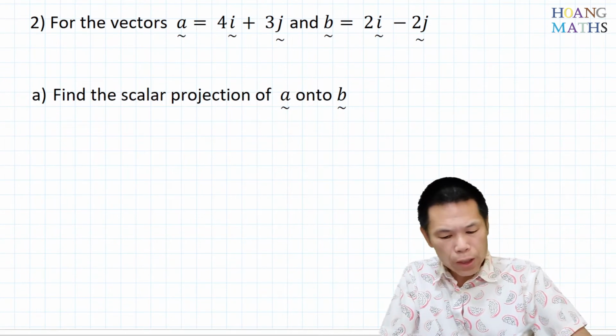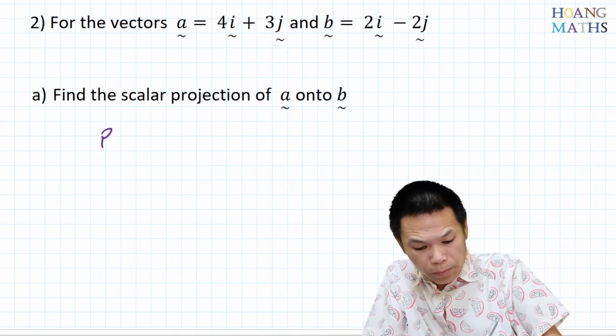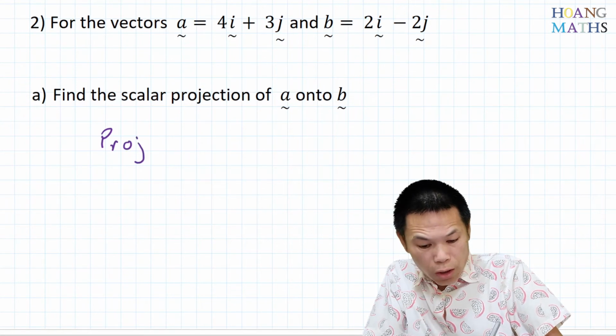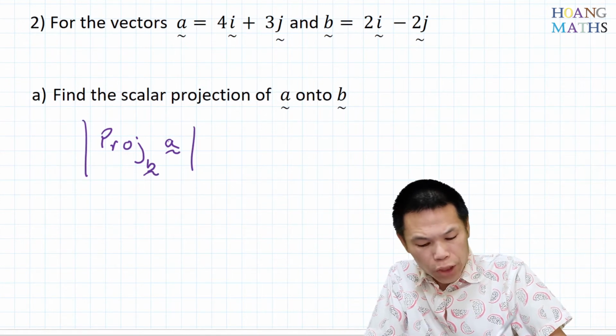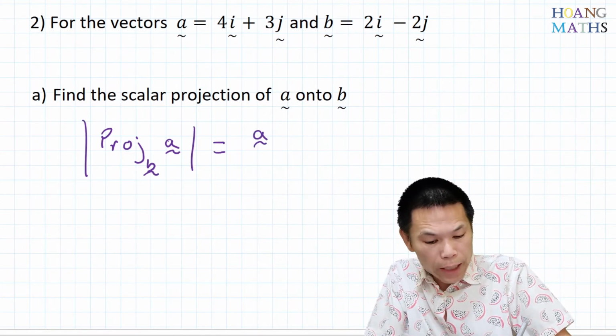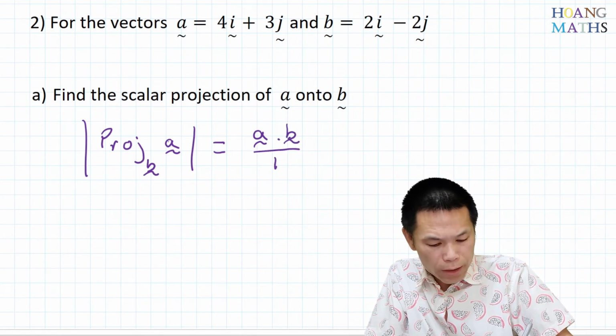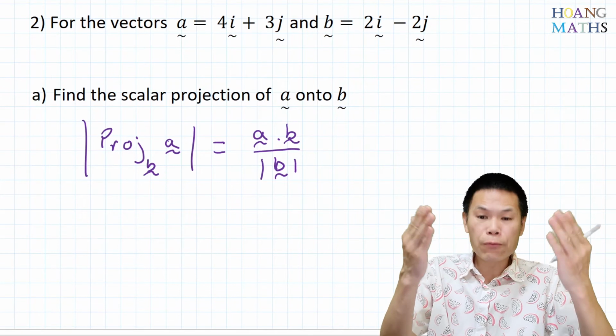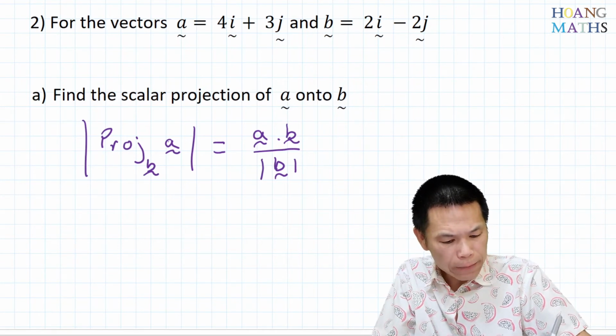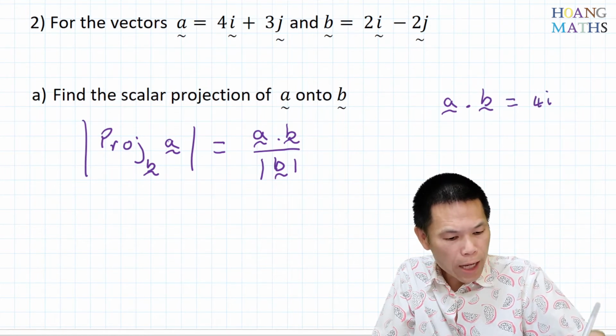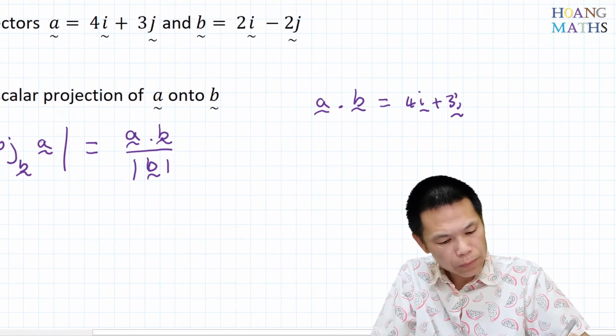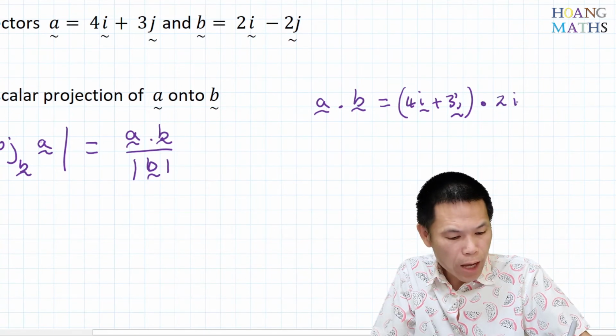So first one. We know that the scalar projection of A onto B is equal to A dot B over the magnitude of B. First of all, let me work this out. A dot B: 4i plus 3j dot 2i minus 2j.